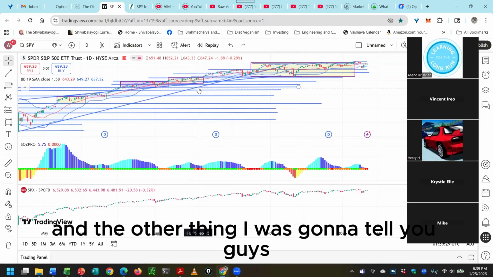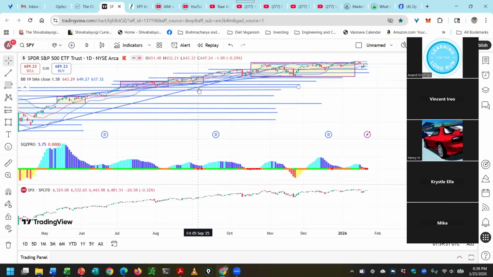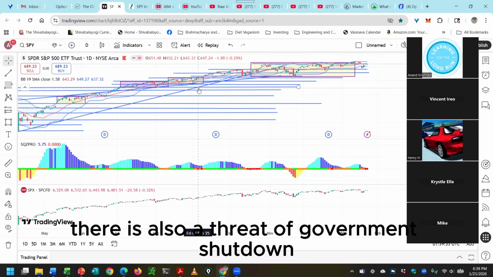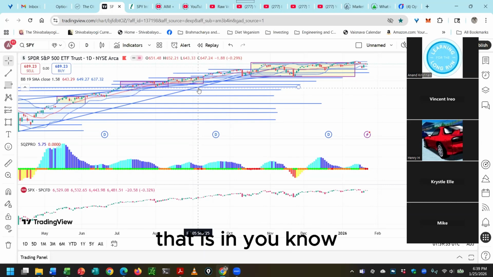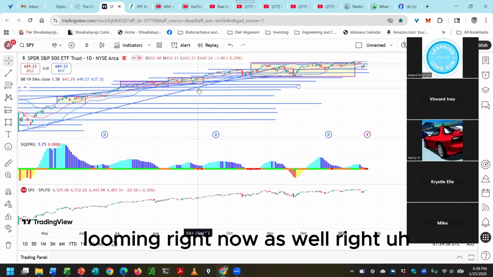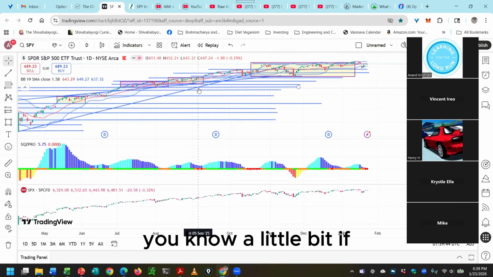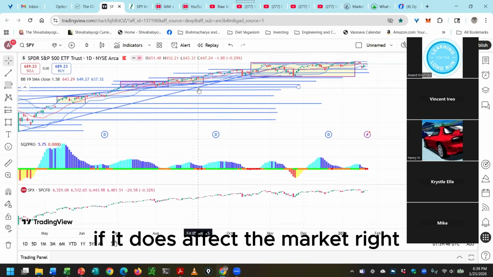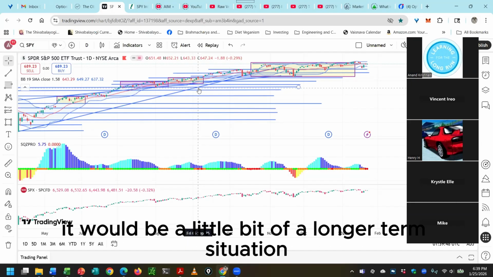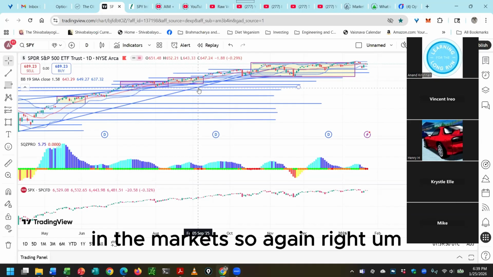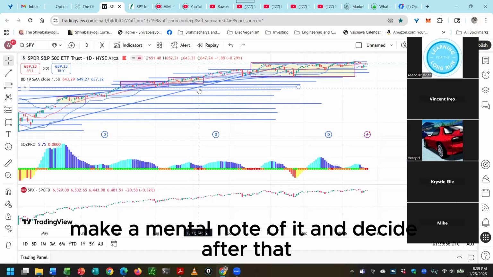The other thing I was going to tell you guys, there is also a threat of government shutdown that is looming right now as well. If it does affect the market, it would be a little bit of a longer term situation in the markets. So again, make a mental note of it and decide after that.